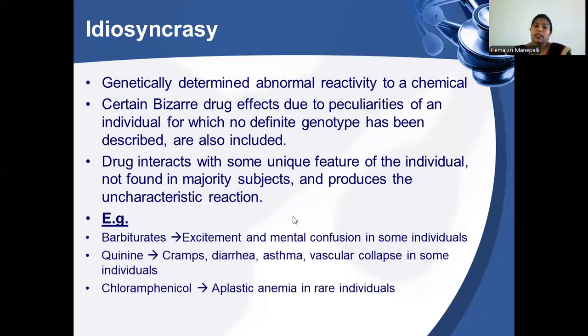Examples: barbiturates, which cause excitement and mental confusion in some individuals. Quinine causes cramps, diarrhea, asthma, vascular collapse in some individuals. Chloramphenicol causes aplastic anemia in rare individuals. In aplastic anemia, there is no presence of RBC.